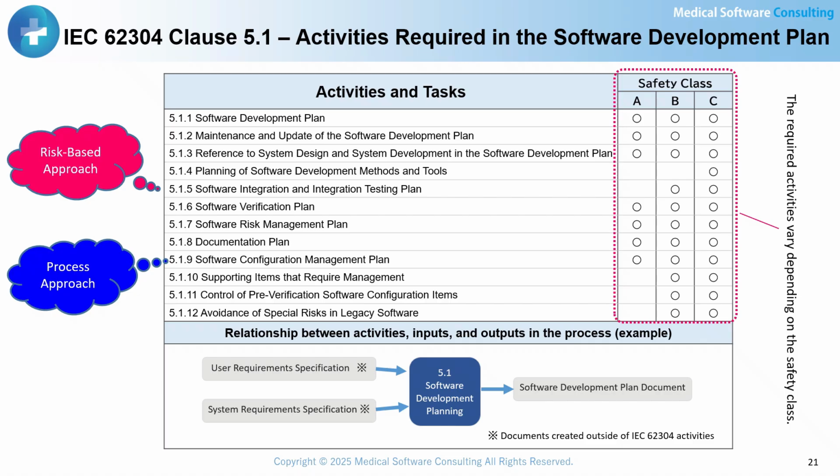It is also important to note that even if an activity or task is not marked as mandatory for a given class, you are still free to perform it if it helps ensure software quality and safety. At the bottom of the table, you can see examples of input documents and output documents in the software development process. Through this table, we can clearly see how IEC 62304 adopts a risk-based approach.